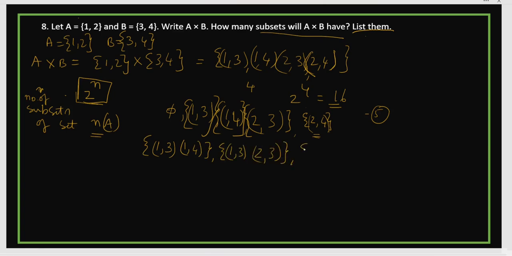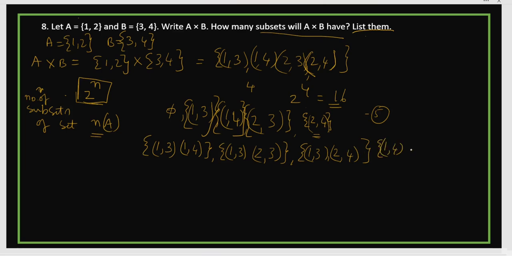Okay. Next {1 3, 2 4}. Right? This is how you have to write. How many? 1, 2, 3. Three we have written. I'm going to write one more. Yes, {1 3, 2 3}. Next one is what? {1 3, 1 4} is there.